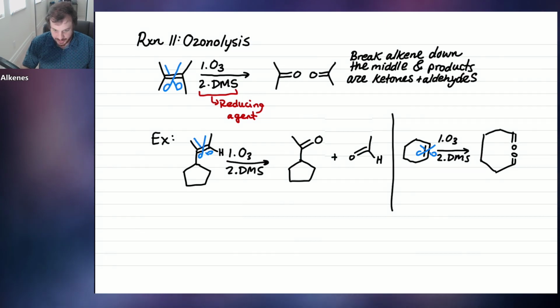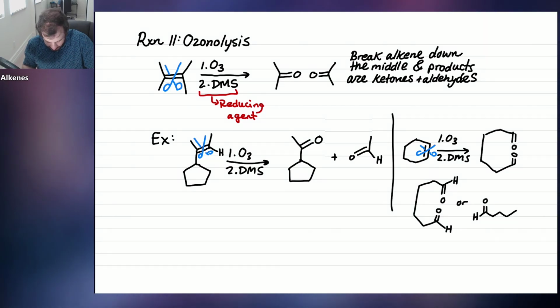And now we can draw this out a little bit nicer. We can see it's got an aldehyde up here and an aldehyde down here. That looks a little bit nicer. Or you could even stretch it out and make it straight.